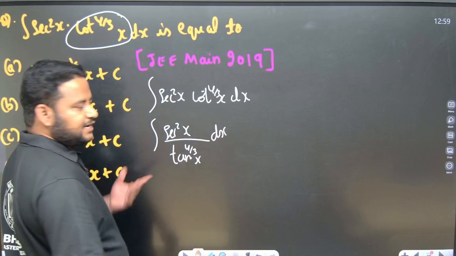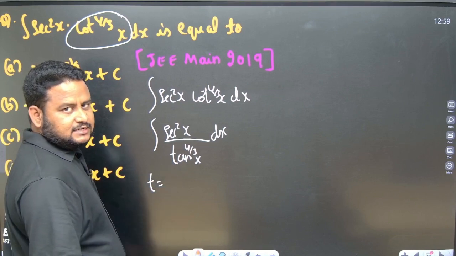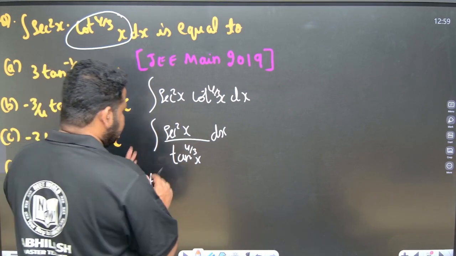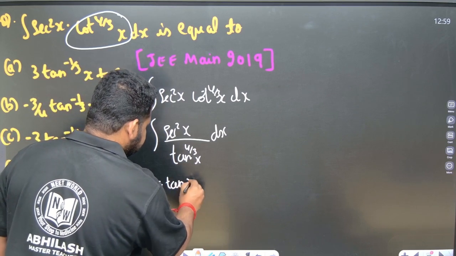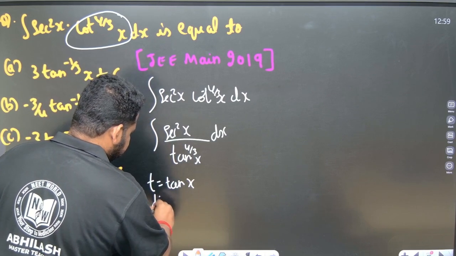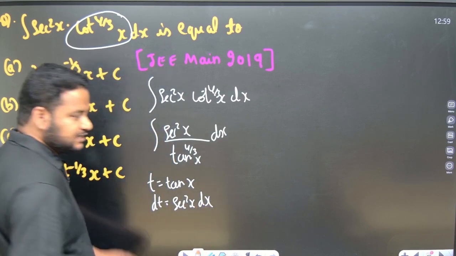Okay. Now, I have to take t is equal to tan x. Whatever is in the denominator, I am taking it as t. I want to get secant square x. If I take t is equal to tan x, I will get dt as secant square x dx.